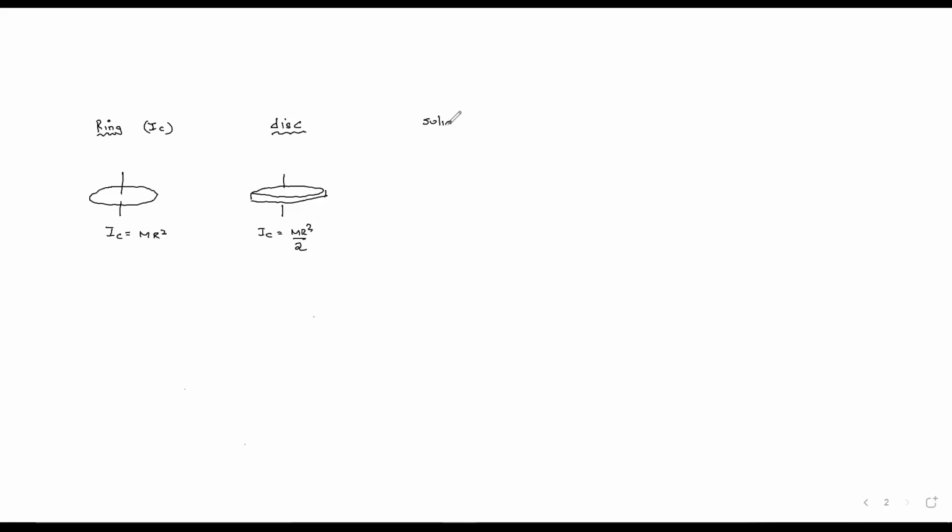But a solid sphere is 2 by 5 m r square. A hollow sphere is 2 by 3 m r square.